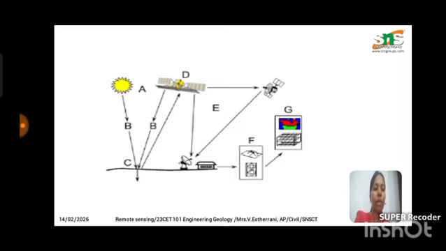The captured information will be sent to the transmitters, where the transmitters receive all the data, and it is transferred to the transmission area, where the information will be analyzed and used for a particular application. These are the components of remote sensing.